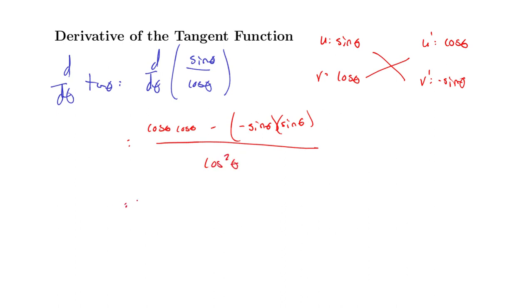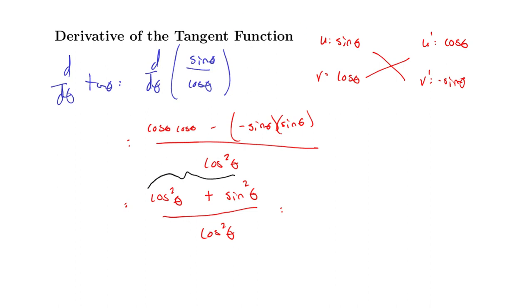All right, so let me just write this all out. That's really cosine squared theta plus sine squared theta over cosine squared theta. What you can notice in a couple of different ways that you could write this out is that on the top here, we'll just say that this is 1. That's the Pythagorean identity. Maybe you remember that.